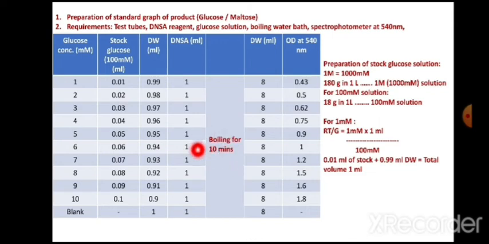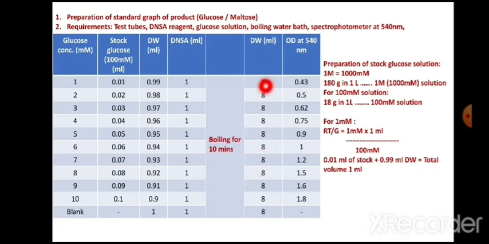After addition of DNSA, boil the tubes. Keep all these tubes in boiling water bath for 10 minutes. So this is going to generate the color, and then make up the volume to 10 ml. That means this is 1 ml, this is 1 ml, and the remaining amount is 8 ml you have to add.